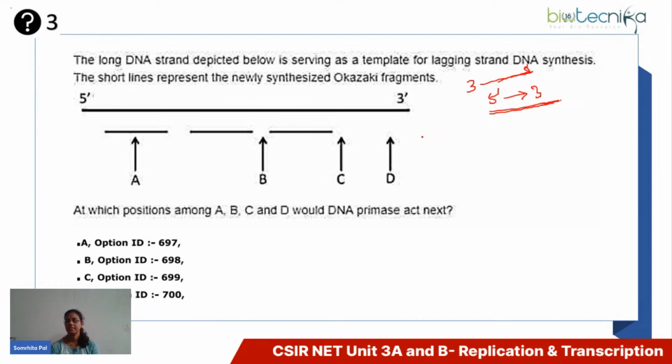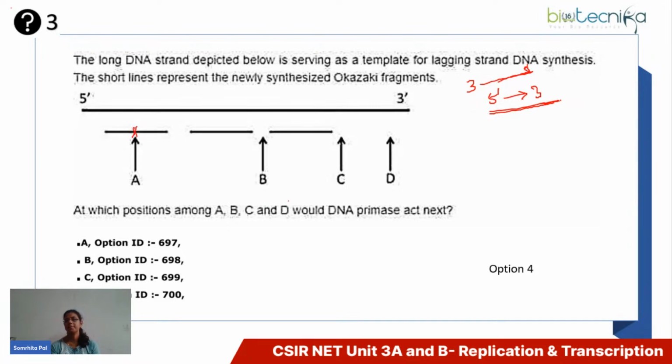Some of you are giving me the answer as C, or D. So let's check what the answer is. Look at the positions they are pointing at. Obviously, primase won't be sitting here.